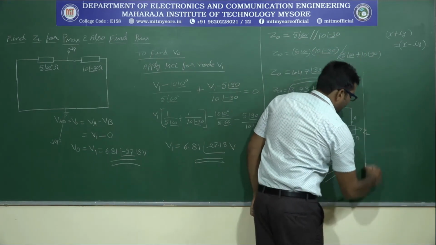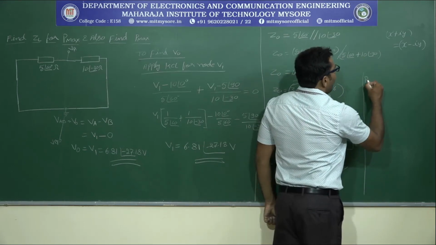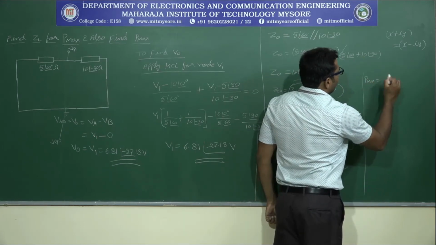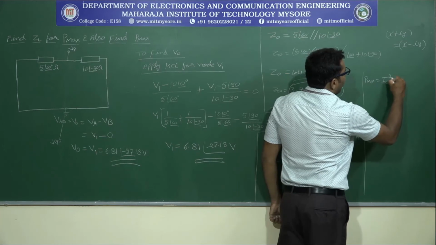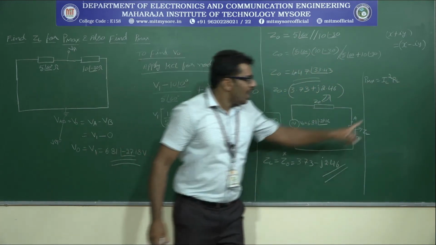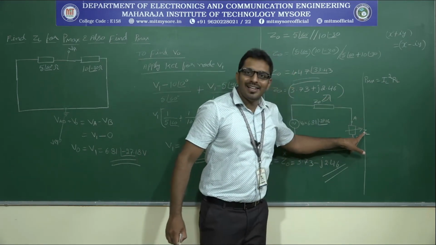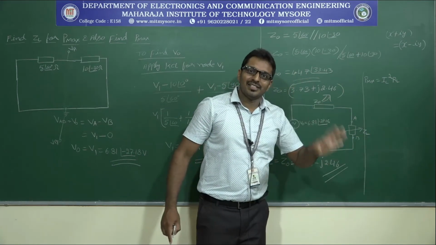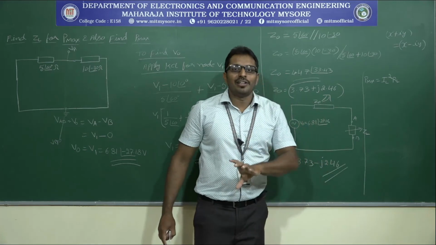What is the formula to find out P max? P max is equal to IL square into RL. Once again I am mentioning, I am not writing ZL because ZL consists of a resistive part and a reactive part.